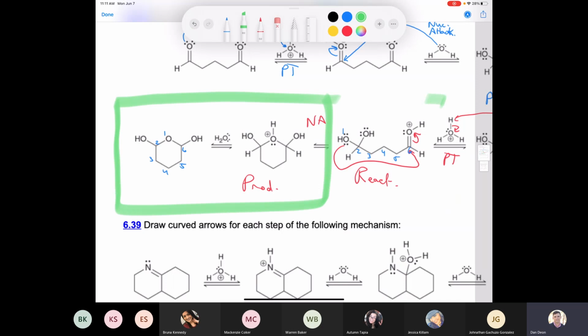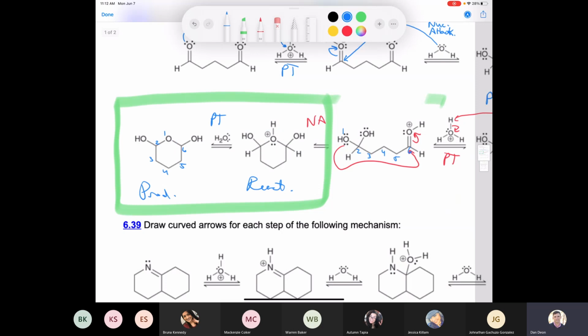Then we have one more reaction, which is the last one. Who could tell me what's happening in this last reaction? This is my reactant, and this is my product. Nothing's leaving. I'm starting with a proton over here, and then I have no proton on the oxygen here. So this is going to be another proton transfer.